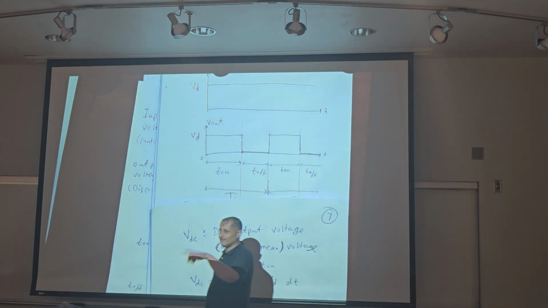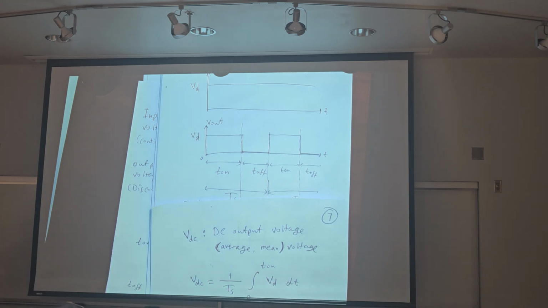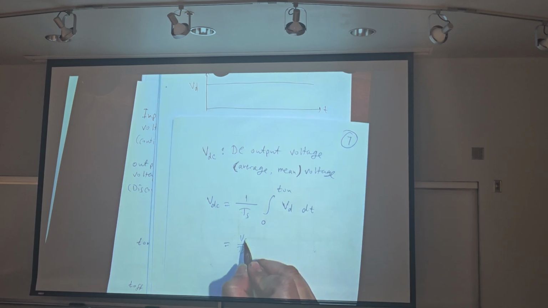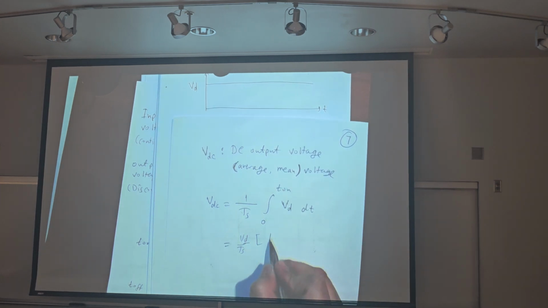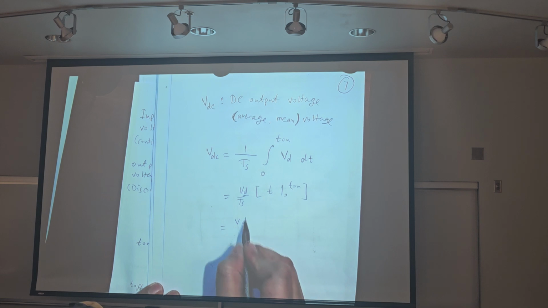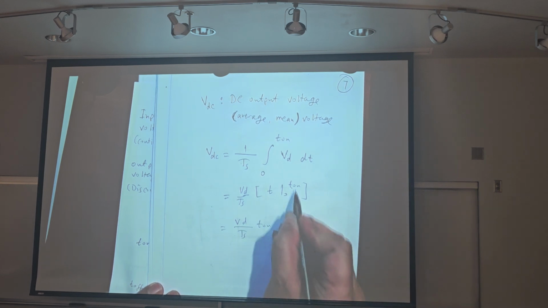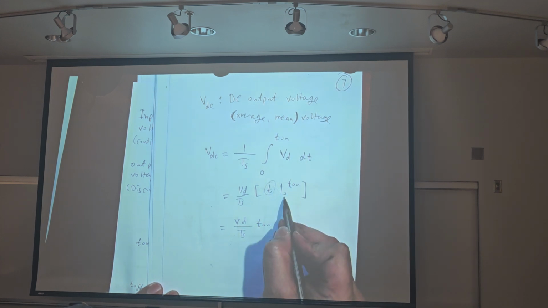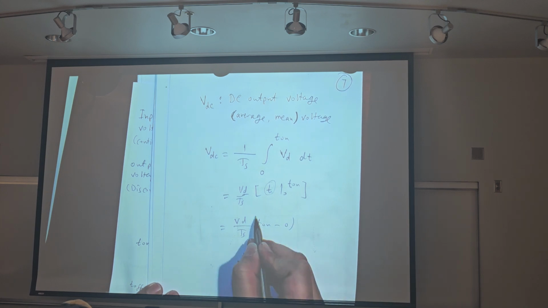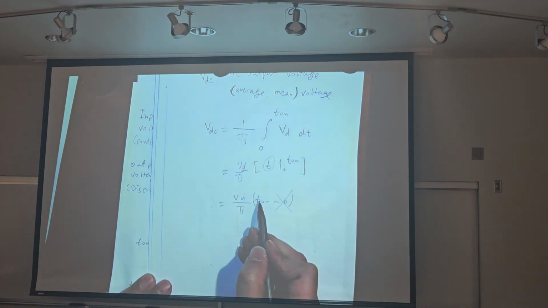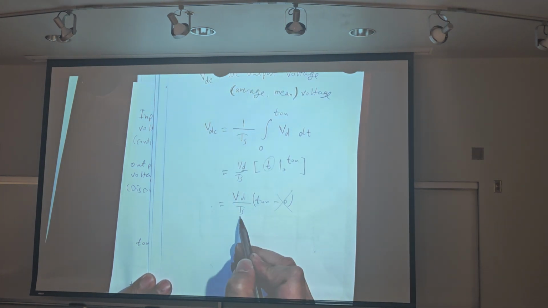So 1 over TS times VD times T from 0 to T on, or equal VD over TS times (T on minus 0). So now VD times T on divided by TS is the duty cycle, right?